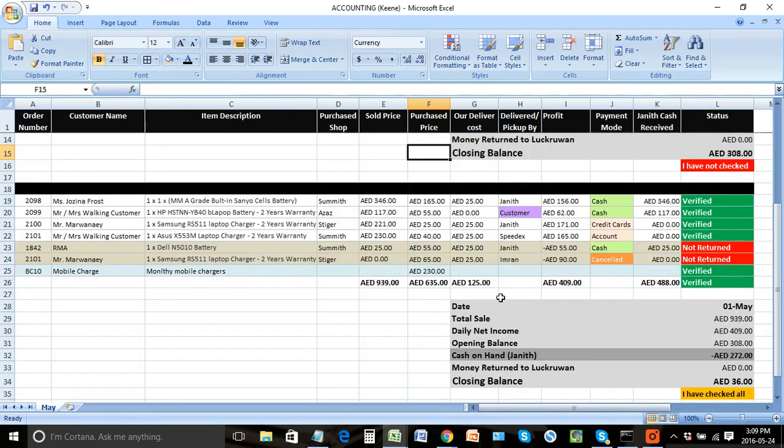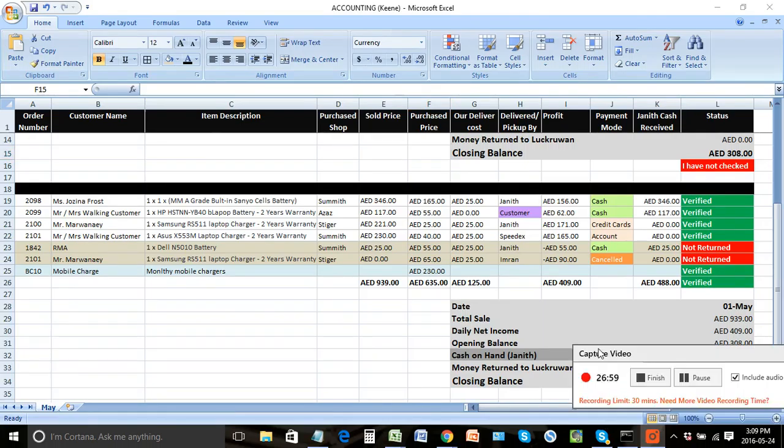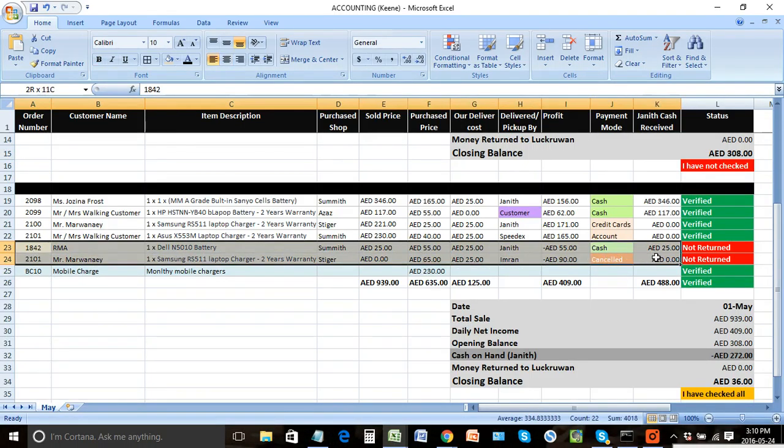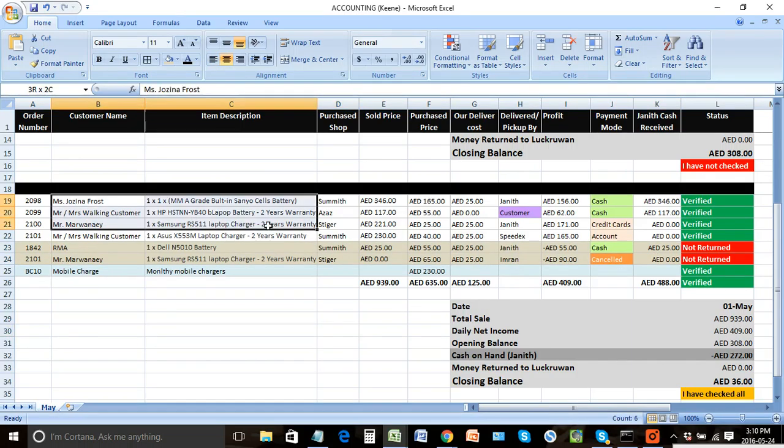And furthermore, when you move into this one, this is a little bit different, when you have different situations. Okay, this is one of the important requests from Keen. If the order is an RMA or cancelled, please mark this in this color, so we know these are the sales and these are the others.